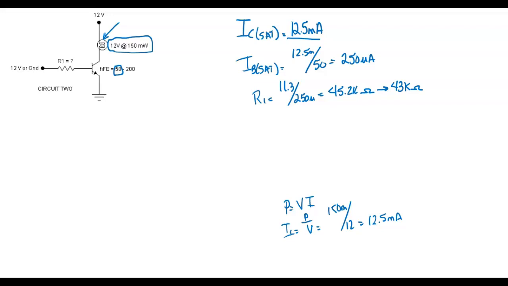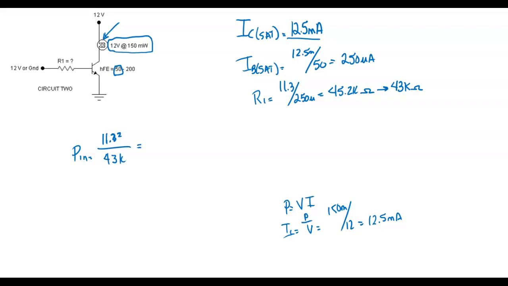We can calculate the power gain with this transistor and this resistor right here. We're using a 43K. So power in would be equal to 11.3 squared divided by 43K, V squared over R. That's one of our power formulas, and it's easier to use.